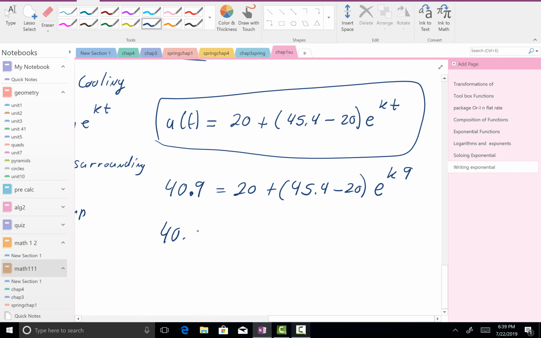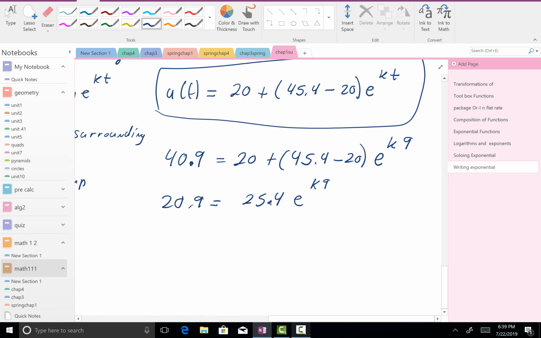So 40.9, let's subtract 20 from this right off the top here. Okay, I'm going to subtract what's inside the parentheses also. And see that every time it starts looking like the same thing that we had before.